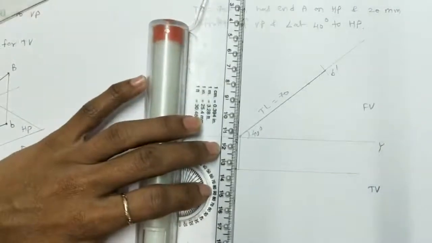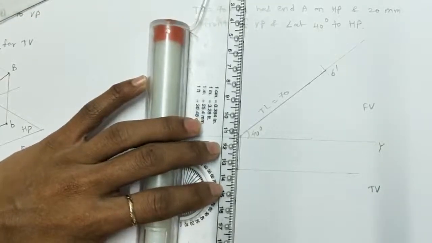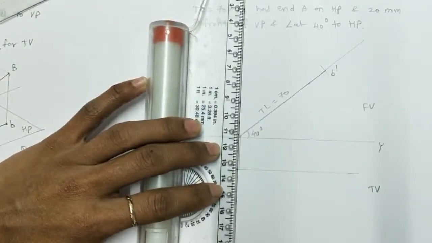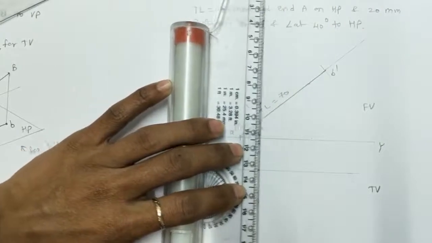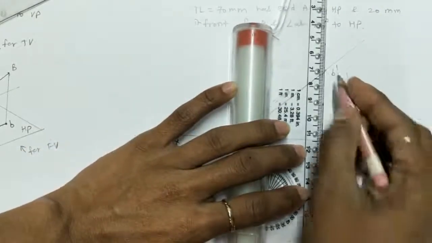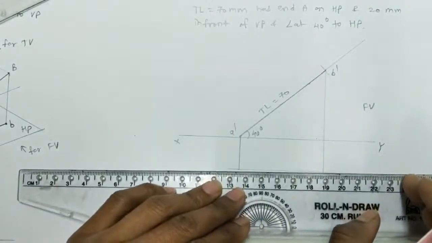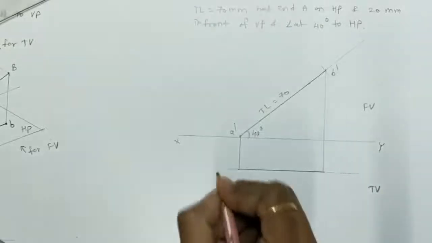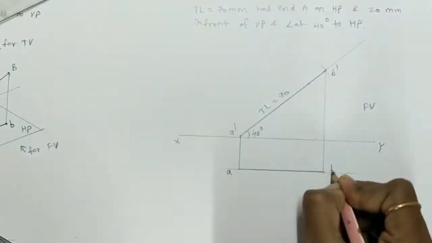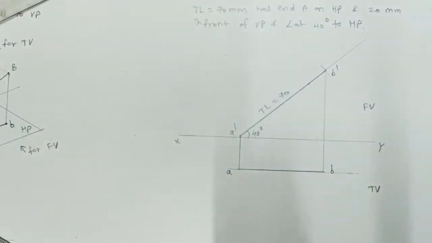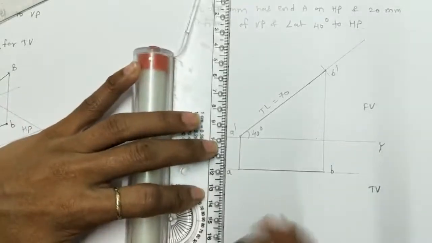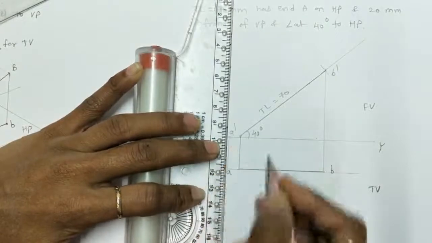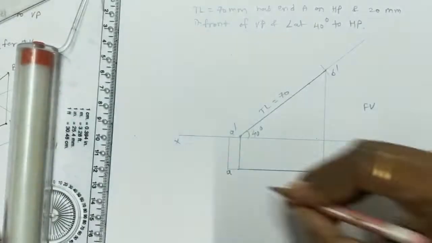Now for front view, take projections. For top view, take projections from front view. So this is the top view of line. Give name to top view as point A and point B. This distance is 20.